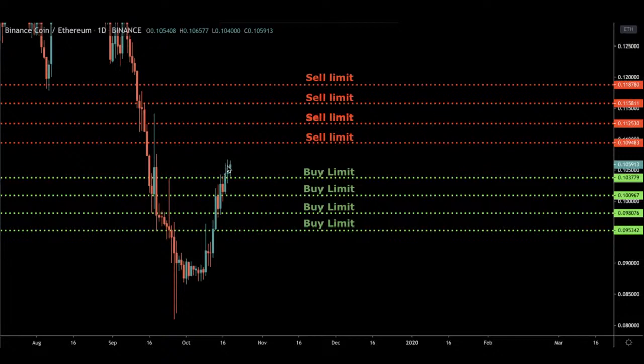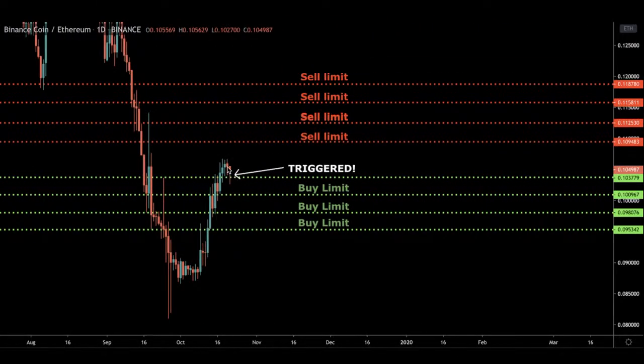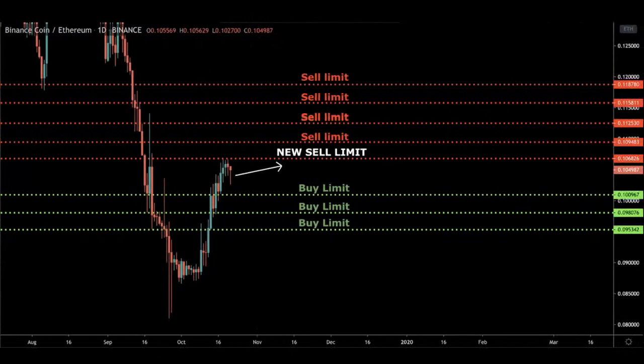So as the price is moving, and you can see it has moved downwards and it has triggered the buy limit order, that means that the bot will now buy, in this case BNB, using Ethereum. And as soon as it buys it, a new sell limit order will be placed right above the executed buy limit order.